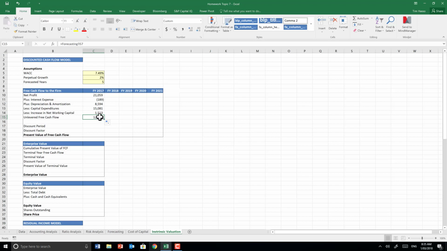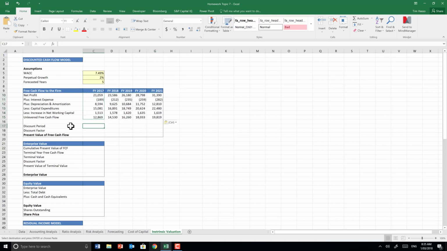Once I have the first year referenced, I can either drag it to the right, or, as an alternative approach, you can copy it and then paste formulas, just a slightly different approach. The second part is that now that we've estimated the unlevered cash flows in 2017, 2018, and so on, we need to bring them back to the present value, because these are in future dollars.